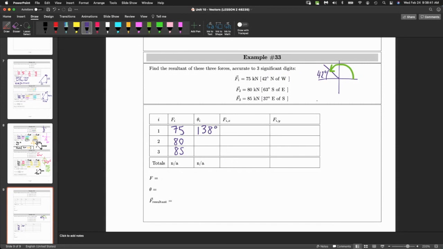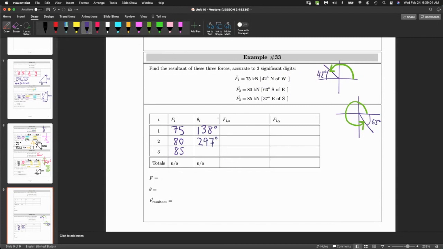And then the second one, 63 south of east. That's over here, that's 63. But you want to go the other way because you want to measure it from 0 degrees. So that's 360 minus 63, or 297.